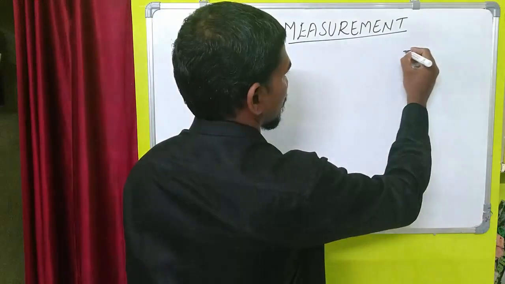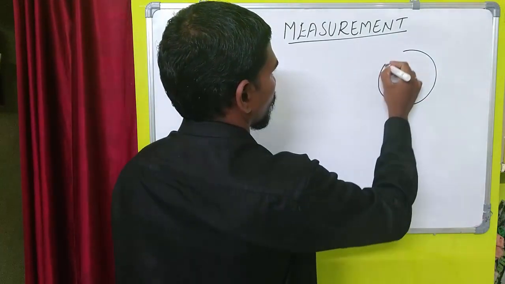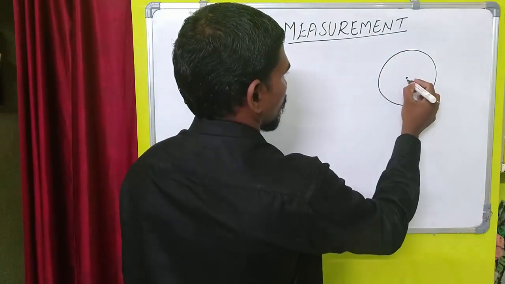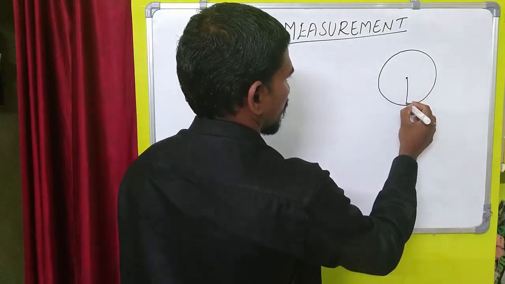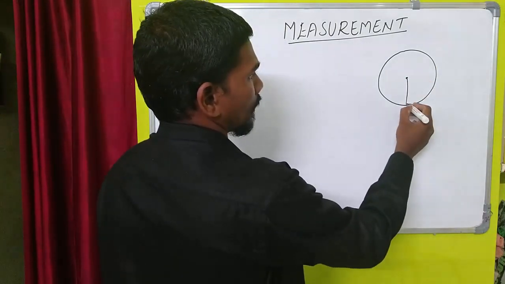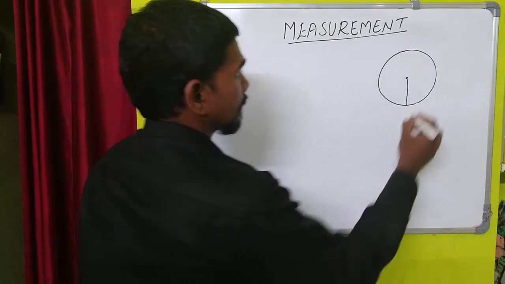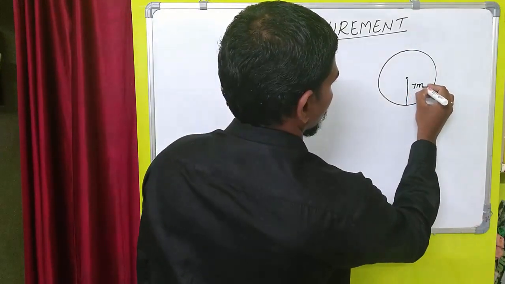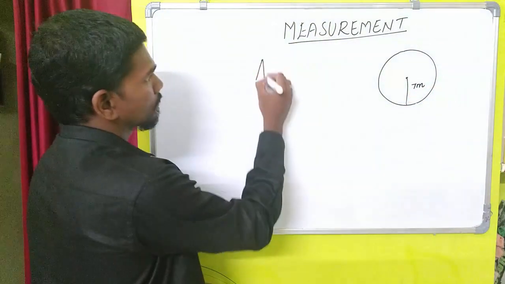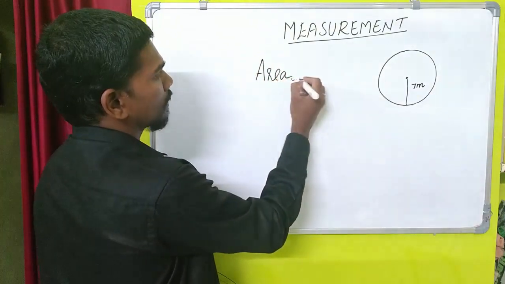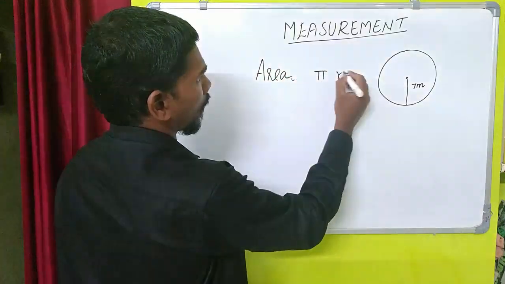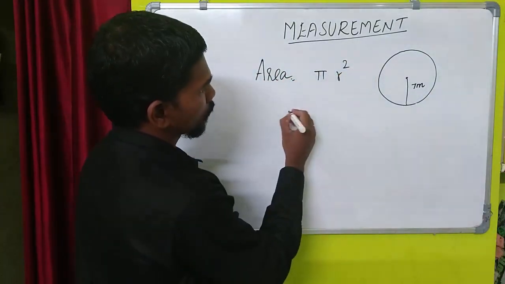Next, a circle. A circle has a center. The distance between the center and the edge is called the radius. Here it is given as 7 meter. So the area formula is pi r square units. What is pi?